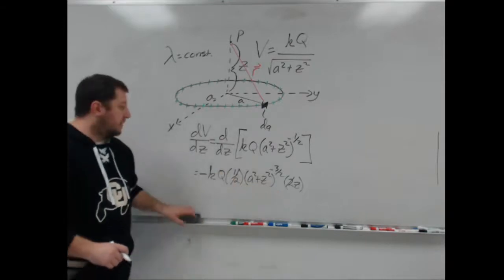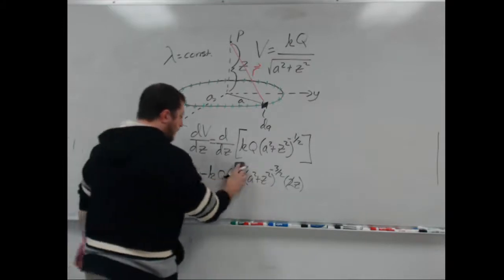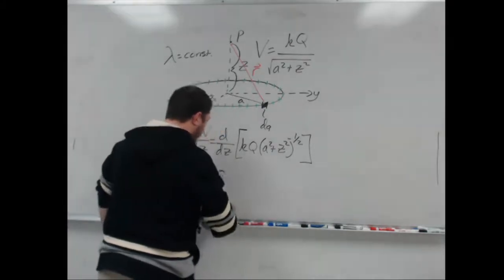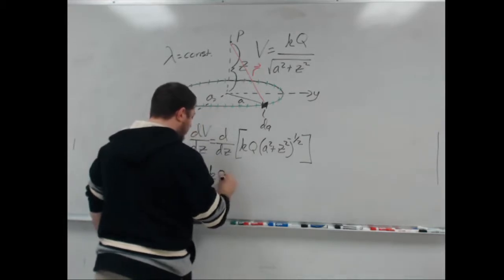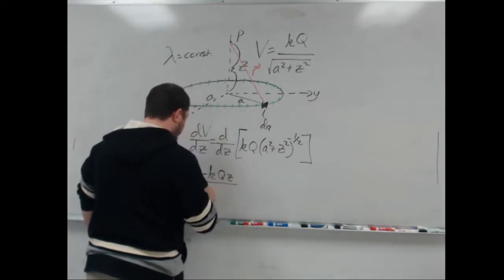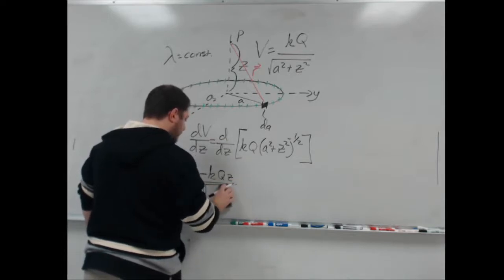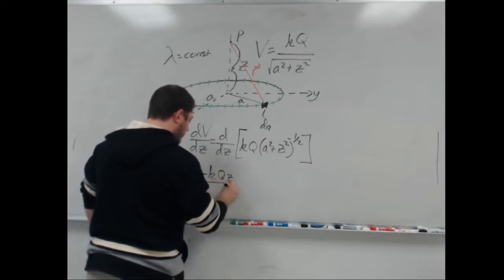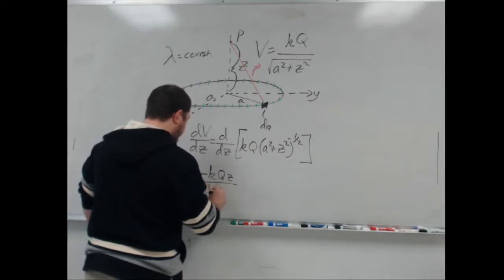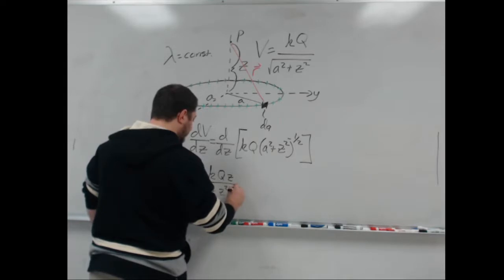So this result is the same thing as negative kqz over the square root of a squared plus z squared to the 3/2.